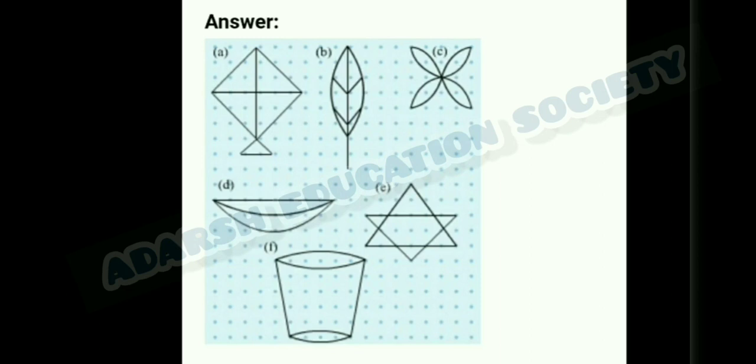So symmetry you have to understand, and that is when these patterns were being made on the dots. Symmetry means the picture divides into two similar equal parts.